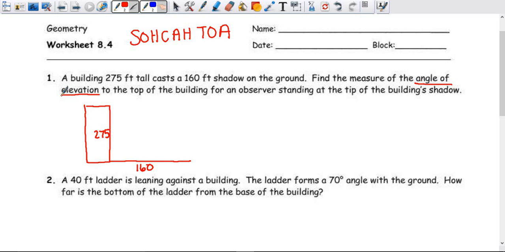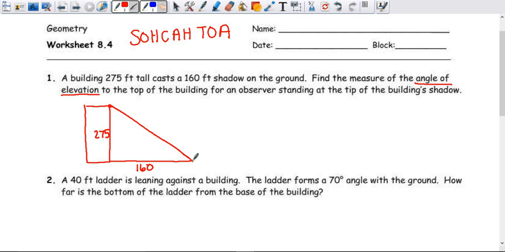We know we are dealing with a right triangle trig problem, so let's go ahead and make this into a right triangle. We've seen problems similar to this with Pythagorean theorem, but instead it's not asking us for that last length, it's asking us for the measure of the angle of elevation to the top of the building.